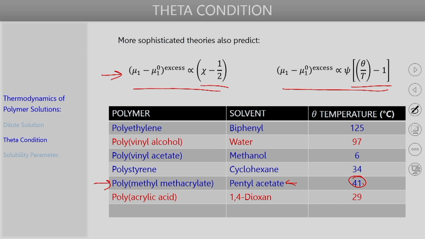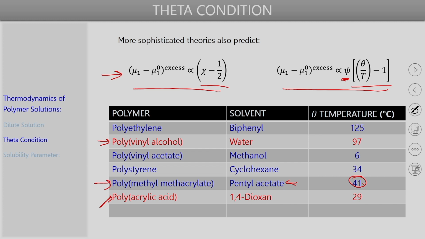One more point to be made here is that if we look at all the entries here, some are in blue color and a couple of them are in red color. All the blue color entries basically correspond to the condition where this entropy parameter psi is greater than 0, and the two red entries, the polyvinyl alcohol in water and the polyacrylic acid in 1,4-dioxane, basically correspond to solutions where this entropy parameter is actually negative.